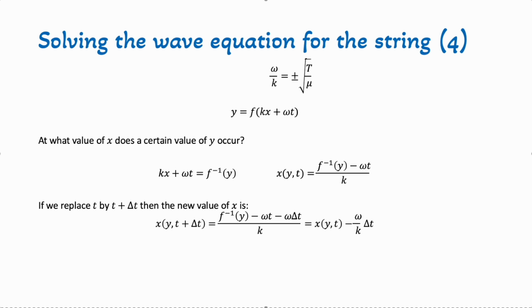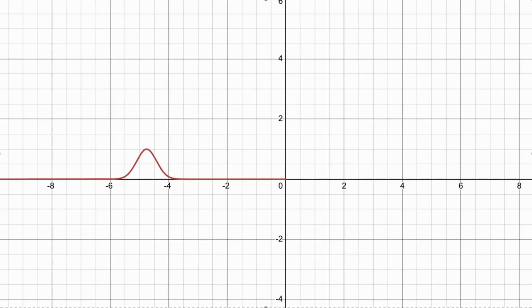In other words, the whole thing has moved along by an amount omega over k delta t in time delta t. So it's moving along at a speed of omega over k. So the whole thing moves in the negative x direction at a speed of omega over k. So we can see that animated.